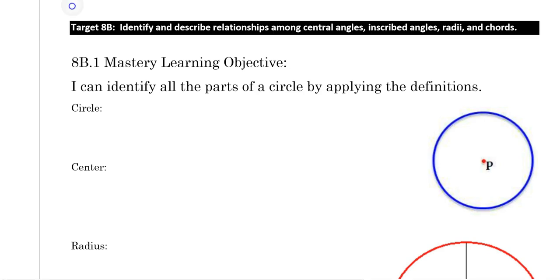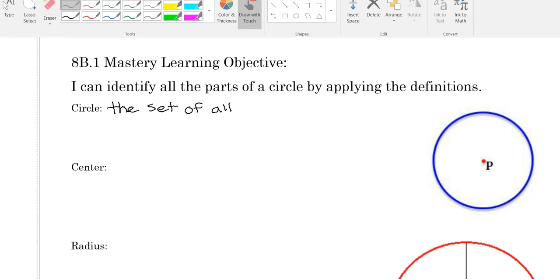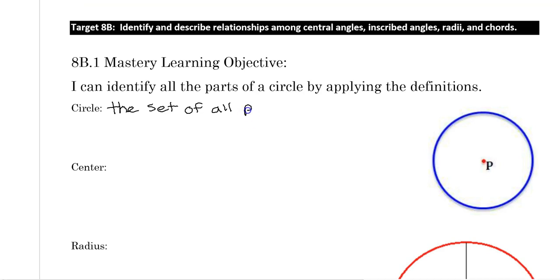A circle is the set of all points equidistant from a central point.